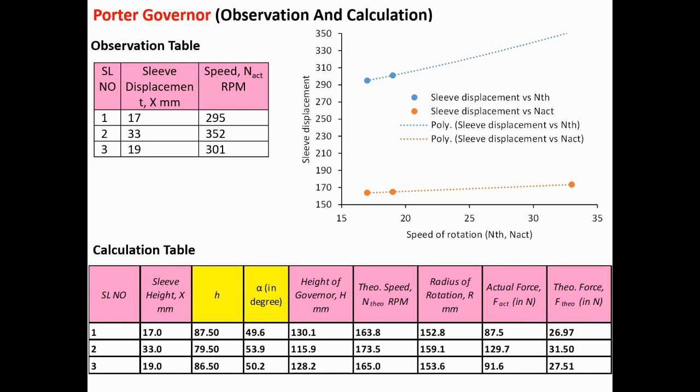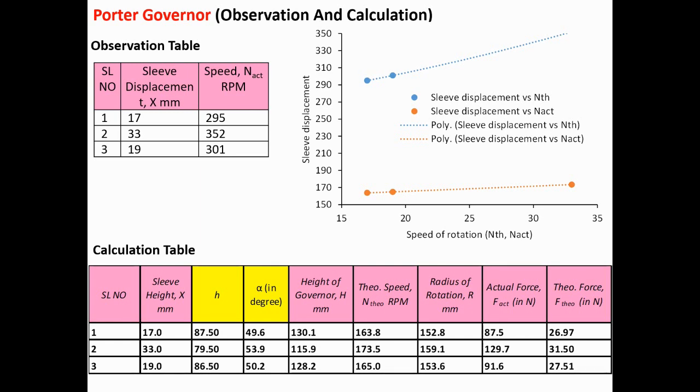Now after experimentation, I have plotted some of the requirements of these experiments using this sample data. Here in this observation table, you can see the slip displacement and the actual speed in rpm recorded from the experiments.